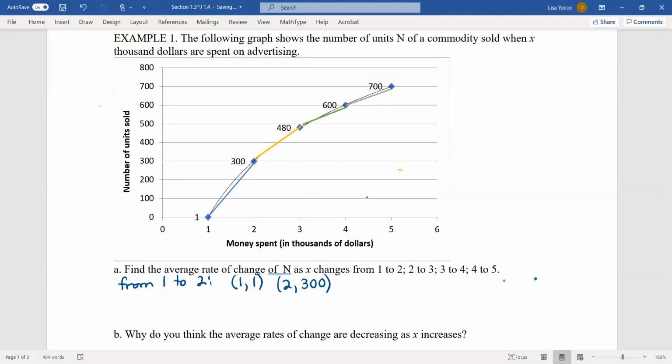All right, so the average rate of change will be, like I said, the slope formula: the second y minus the first y divided by the second x minus the first x, and that's just 299 over 1, which is 299.